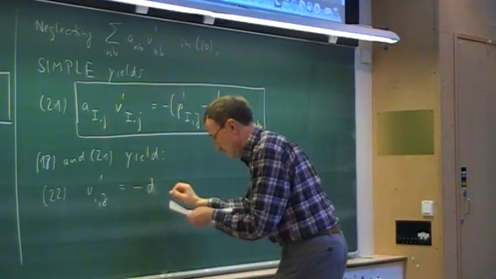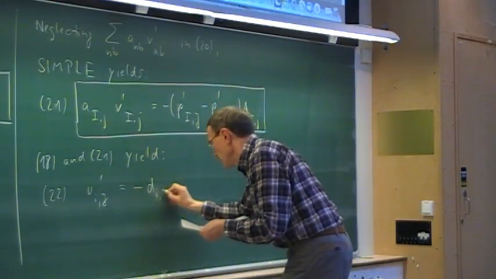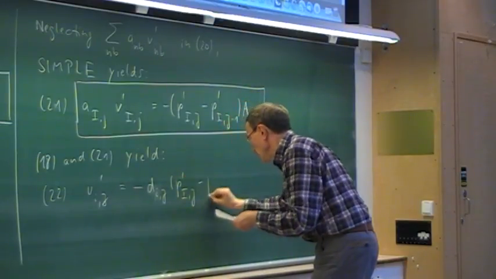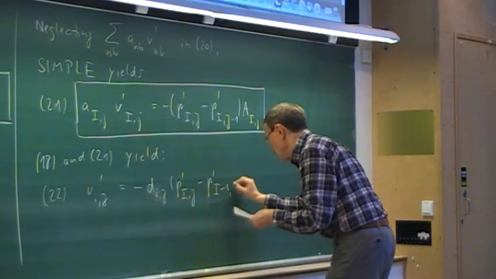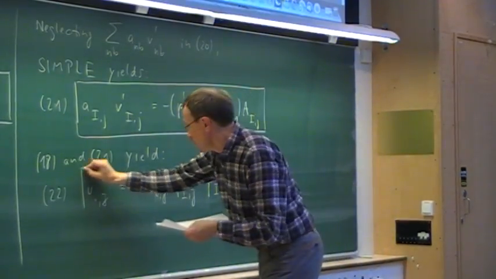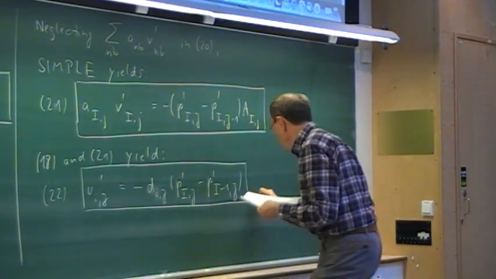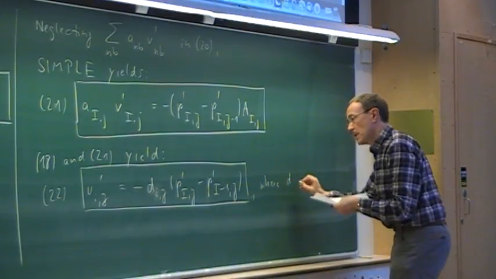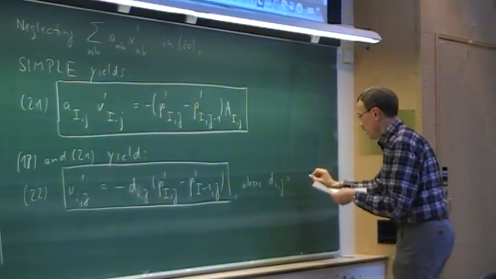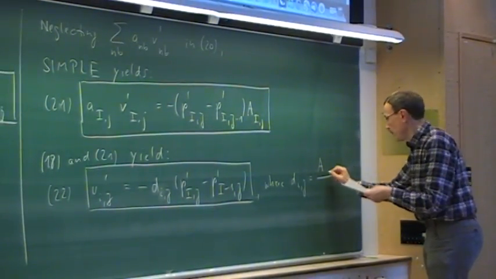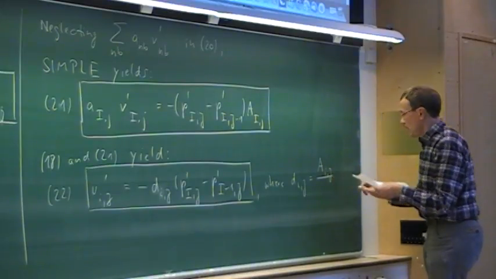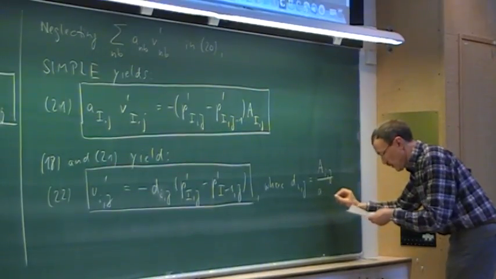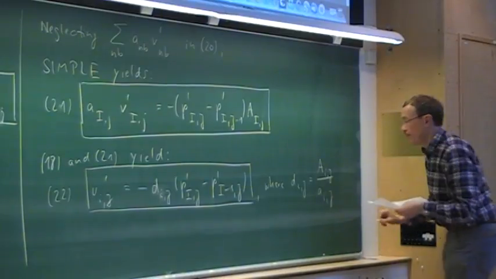First here, the D lowercase i capital J, times P prime I J minus P prime I minus 1 J. In here, we assume that the D coefficient comes from what I just said, dividing the area of the face, that is the face either east or west, by the center coefficient, in this case A I J.